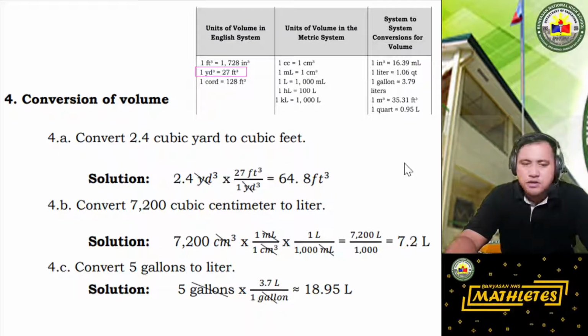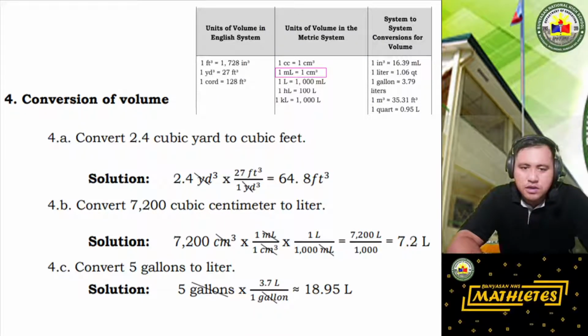Okay? Next is convert 7,200 cubic centimeter to liter. Cubic centimeter to liter. So, we have 1 milliliter is equal to 1 cubic centimeter.